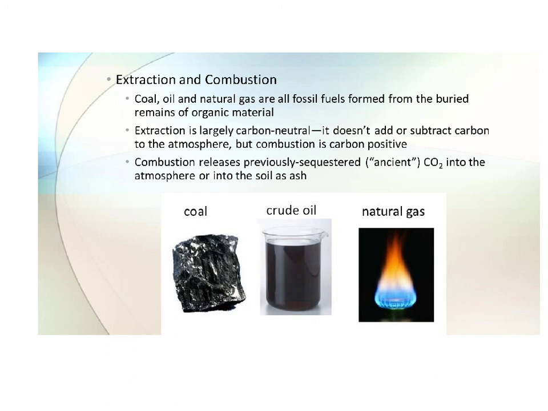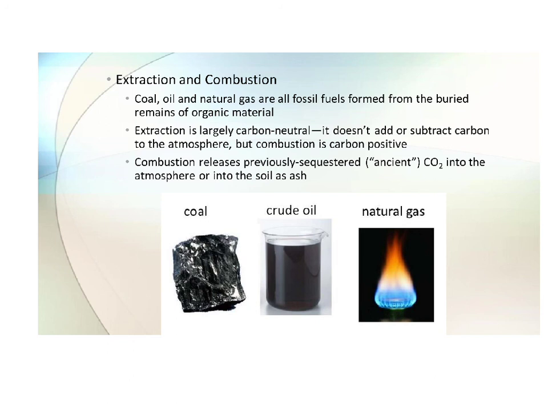Extraction is largely carbon neutral, and by carbon neutral, I mean that it does not add or subtract carbon to the atmosphere. But combustion, the burning of fossil fuels, is carbon positive. Remember, in science, I don't necessarily mean that positive is good. It just means it's adding to a process, and that's exactly what I'm meaning by the word positive here. It means it's adding carbon to the atmosphere.